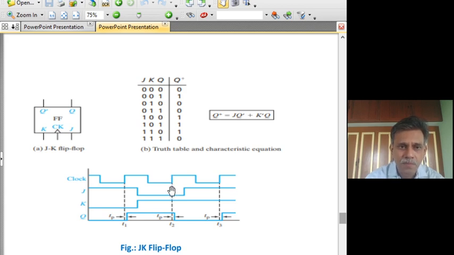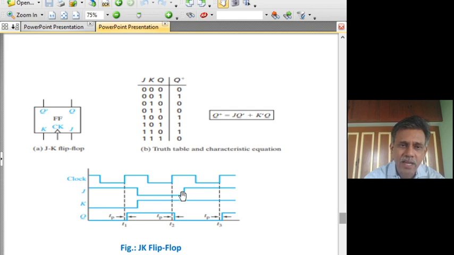At this time, J is 0, K is 1, therefore it is a reset condition. So Q becomes 0. It was 1 earlier, it becomes 0. And again, that change takes place at a time Tp after T2.